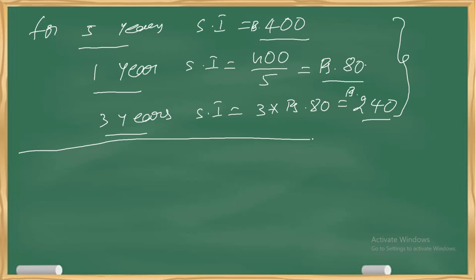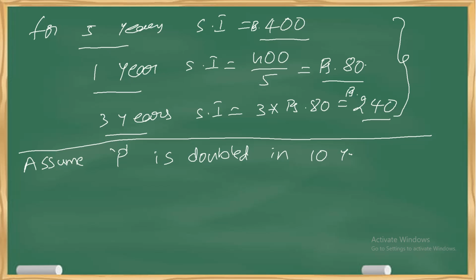Okay, now what are the different questions we get in simple interest? Is doubling the value, doubling the amount you have taken from the bank. Okay, just assume the principal amount is doubled in 10 years on simple interest basis.